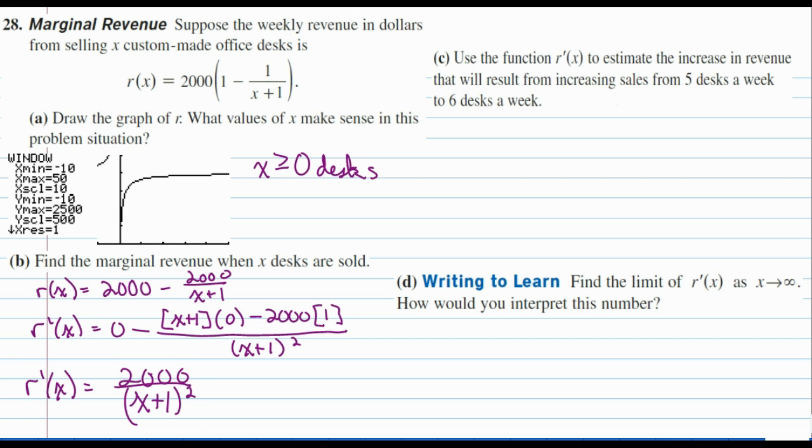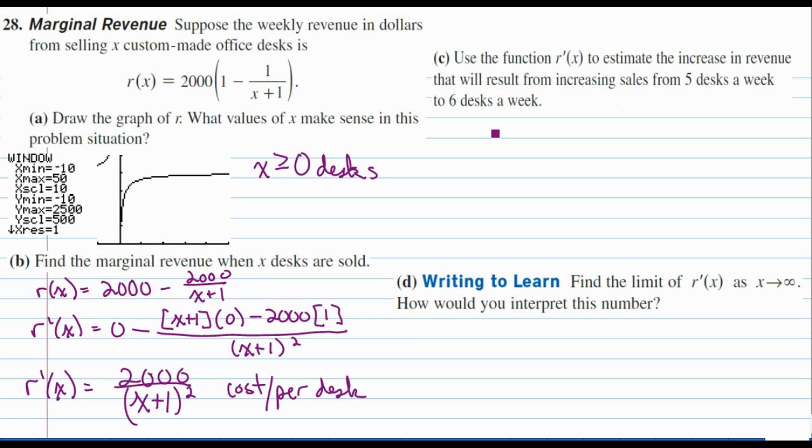Now in part C, it says use the function R prime of x to estimate the increase in revenue, so the marginal revenue, that will result from increasing sales from 5 desks a week to 6 desks a week. So we're talking about an increase of 1 desk, which is what a marginal revenue will get us. The marginal revenue is going to get us the revenue per additional desk.